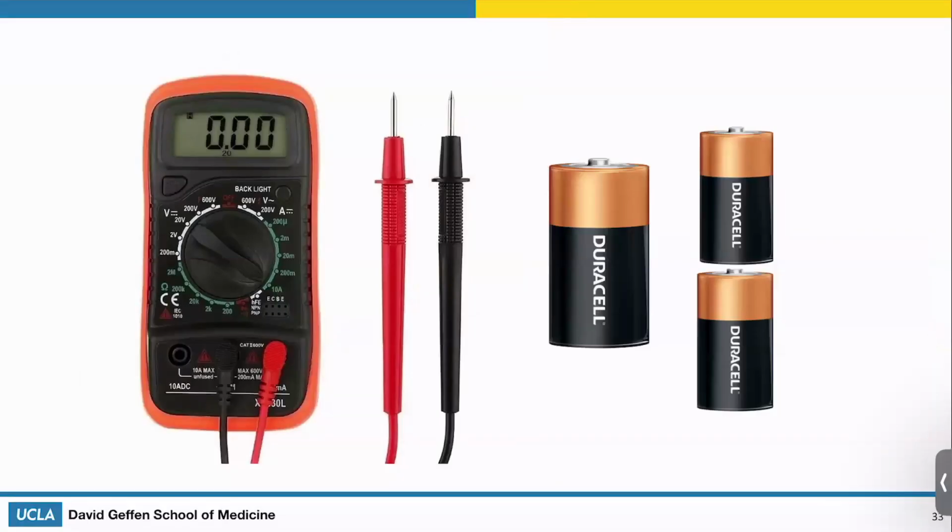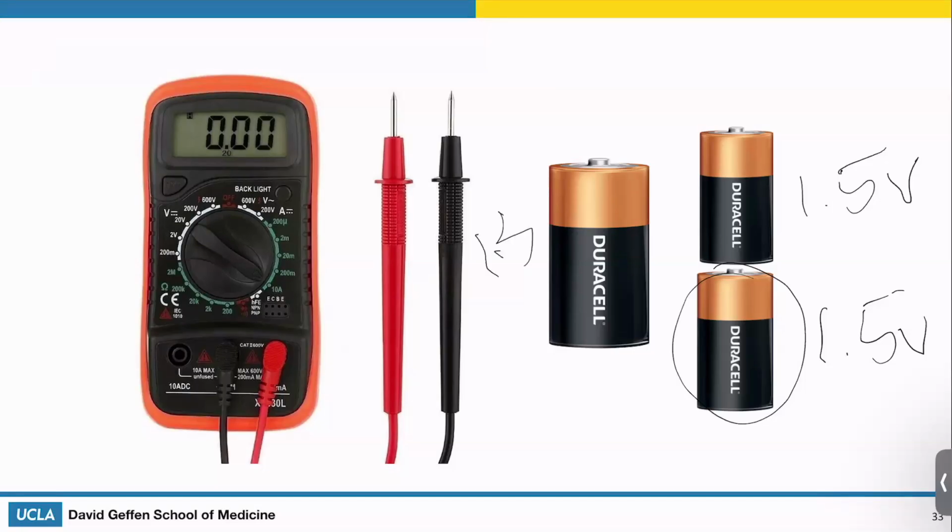Now, another way to explain this is to think about this like batteries. Each of these D batteries right here is going to be 1.5 volts, okay? We know that the heart measures in millivolts, but we're going to talk about it in 1.5 volts. So imagine that each of these batteries is a cell in the heart.